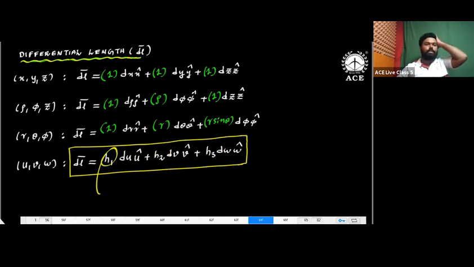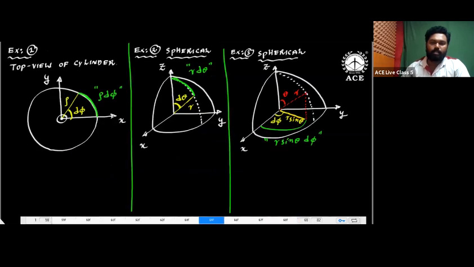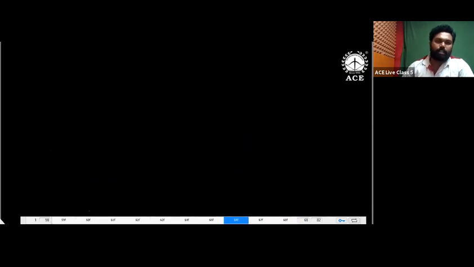For the Cartesian coordinate system, 1, 1, 1. For the cylindrical coordinate system, 1, rho, 1. For the spherical coordinate system, 1, r, r sin theta. So I'll call it some standard coordinate system u, v, w. For the Cartesian, it will become x, y, z. For the cylindrical, rho, phi, z. For the spherical, r, theta, phi. I'm going to turn the page here. Let me put this nicely into a box here.